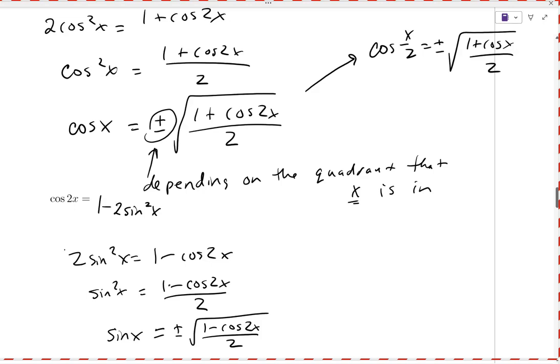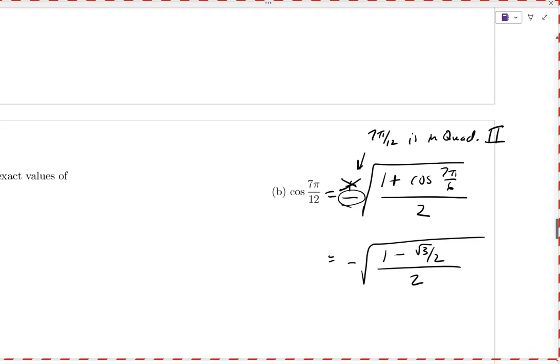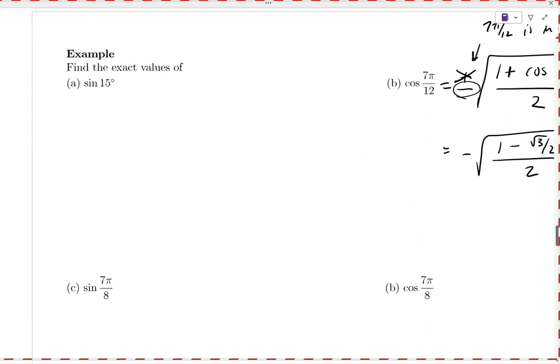So doing this one, let's look at part A on those examples, and then we'll stop for today and pick this up on Monday. Part A says we want to use sine of 15. We did sine of 15 before with a sum and difference formula. We're going to do this one with a half angle formula. What is 15 degrees half of? 30. Good.